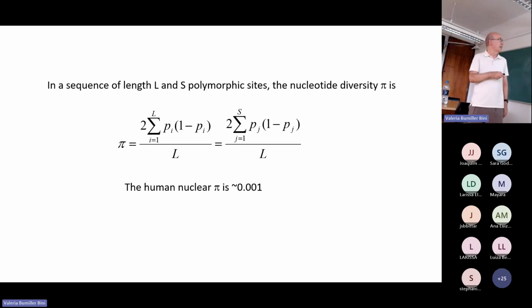And human pi, it sounds like a pi made of humans. No, the average pi in the human genome is about 1 per 1,000, which compared to many other species is quite a small value. If we could plot here the distribution of pi across, say, mammals, human pi would be in the first 5% of the distribution, something like that.